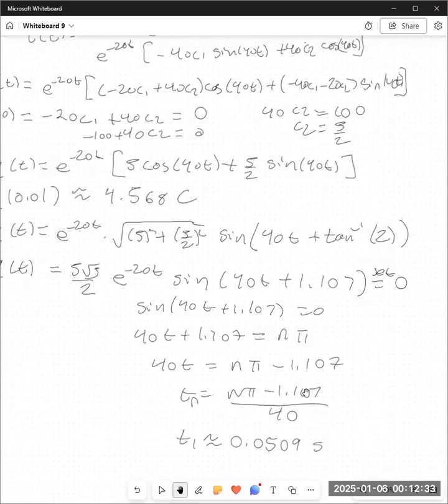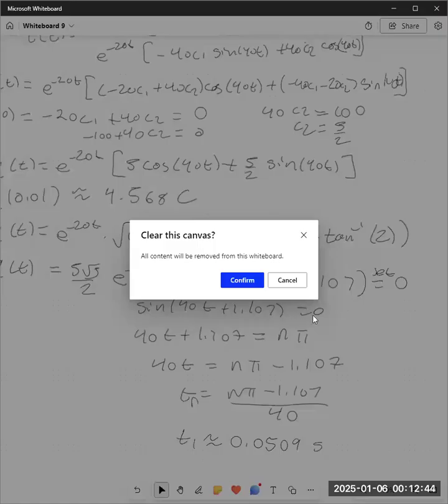Moving along to the next problem, which is number 51 for me, I'm going to do for you, and that is right here. We're going to find the maximum charge on the capacitor, given that L is equal to 5/3 of a Henry.